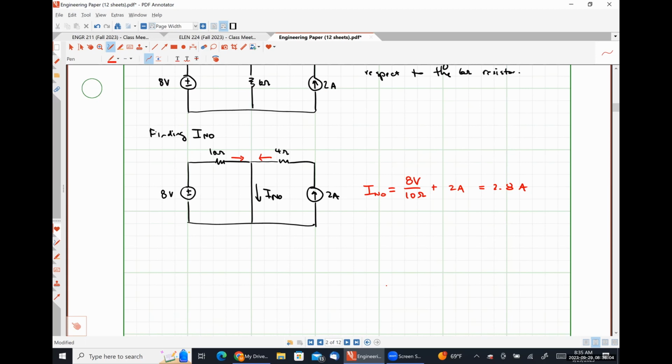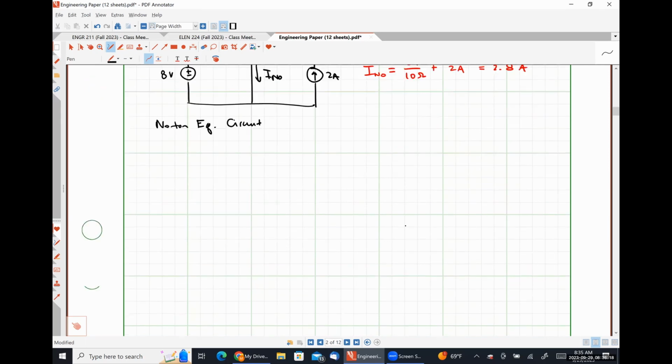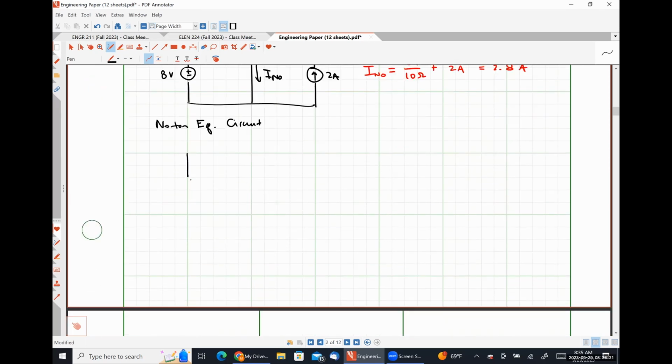Okay. All right. So we don't need to find the Norton equivalent resistance because we already found the Thevenin equivalent resistance for the circuit, and they're literally the exact same things. So our Norton equivalent circuit is simply the 2.8 amp source in parallel with that 10 ohms of resistance, which was our Thevenin resistance.